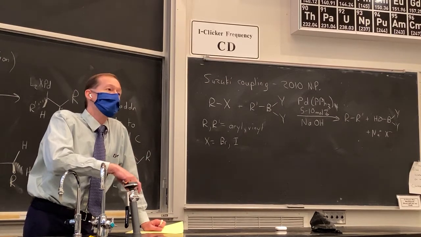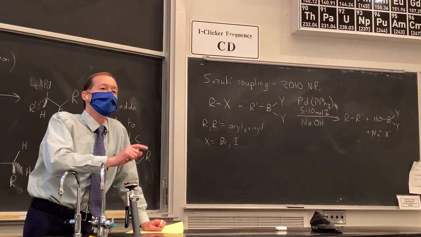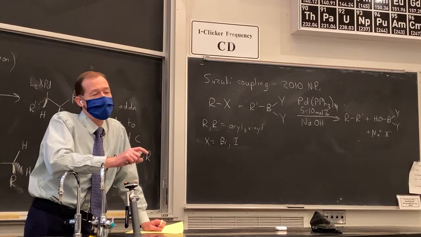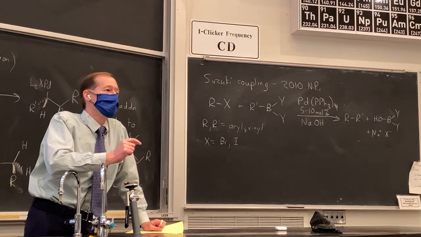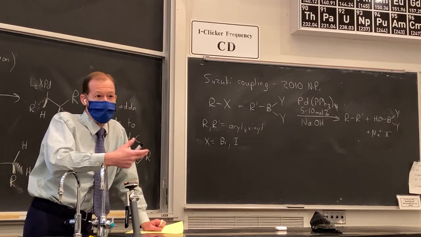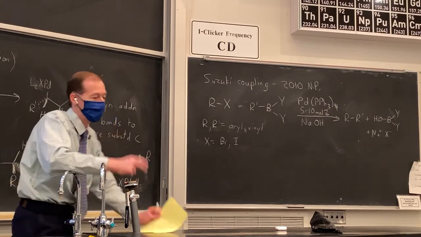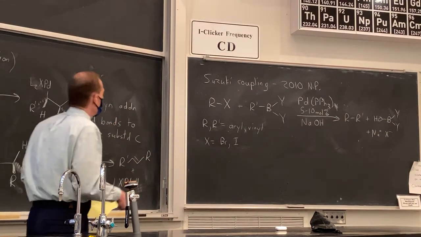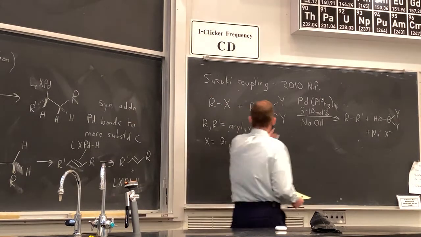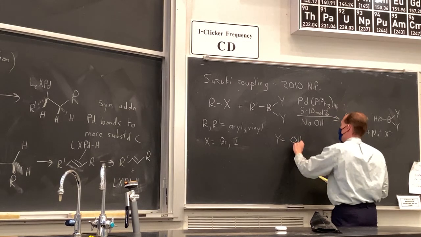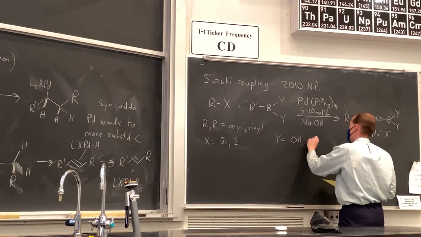Now, again, much like I said with the alkyl groups, there is modern research going on that is allowing vinyl or aryl chlorides to be used. So there are some newer versions of the Suzuki coupling that will use chlorides, but the classical one we're learning in class uses bromides or iodides. And then Y, the groups on the boron, are either going to be alcohols or ethers.